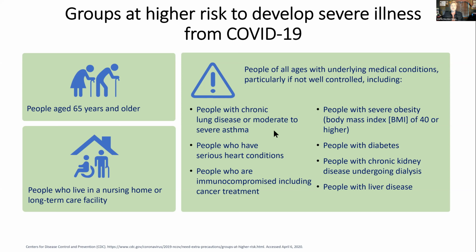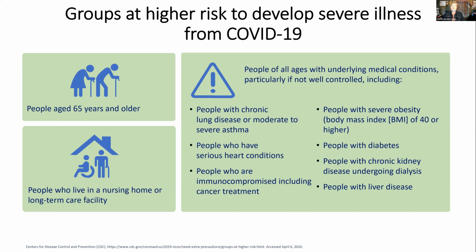Chronic lung disease, even moderate to severe asthma, severe heart conditions, especially congestive heart failure, immunocompromised people, including cancer treatment, and I'm adding the rheumatoid arthritis people that are on any sort of immunosuppressant. They are finding persons that are taking HIV medications, actually, because we're using some HIV antivirals as some of the rescue agents for decreasing inflammation.